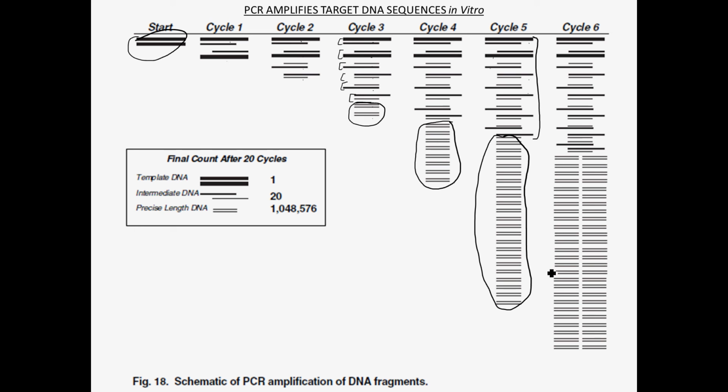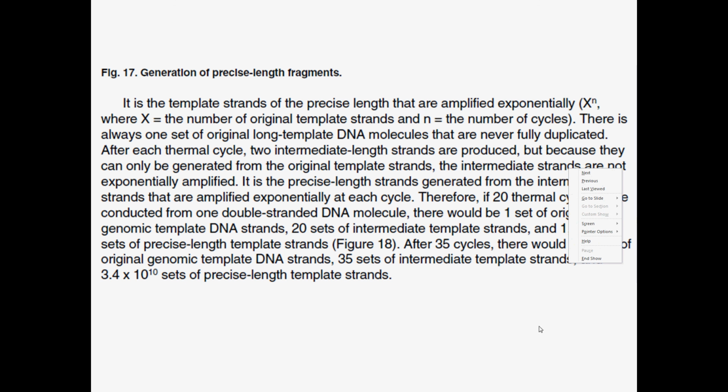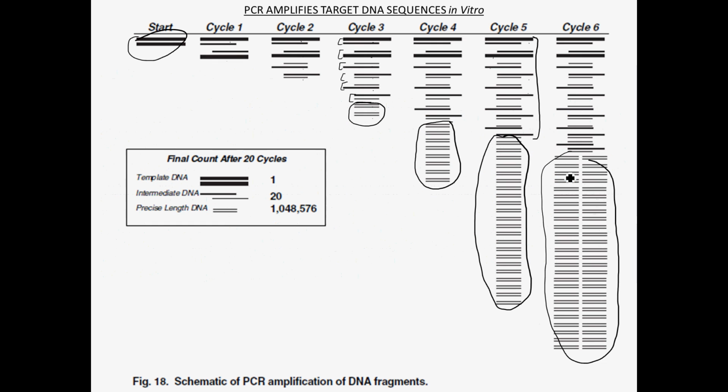Right? Cycle 6, again, same concept here. As you have lots, these are all fragments. Whoops, sorry. Those are all fragments of the target sequence. That's after 6. Now PCR is done upwards of 30 to 60 cycles happening here.